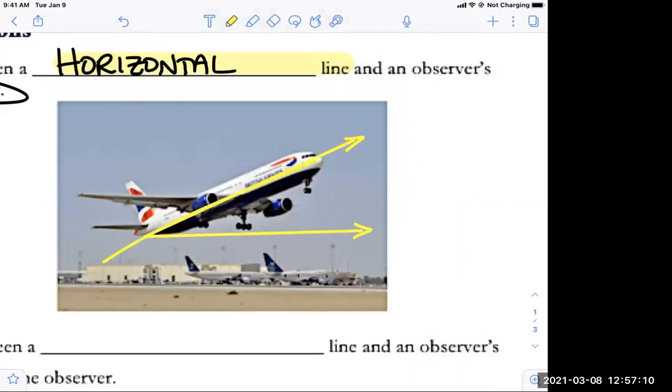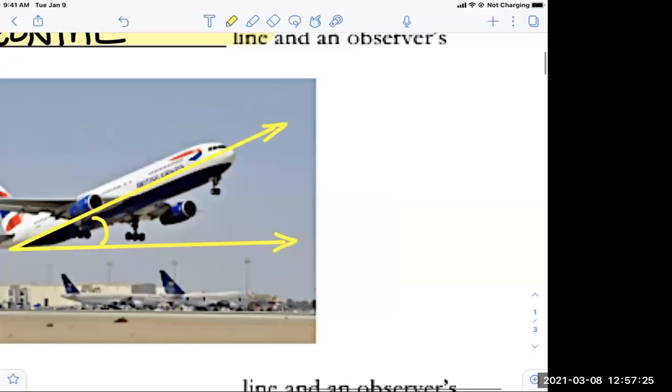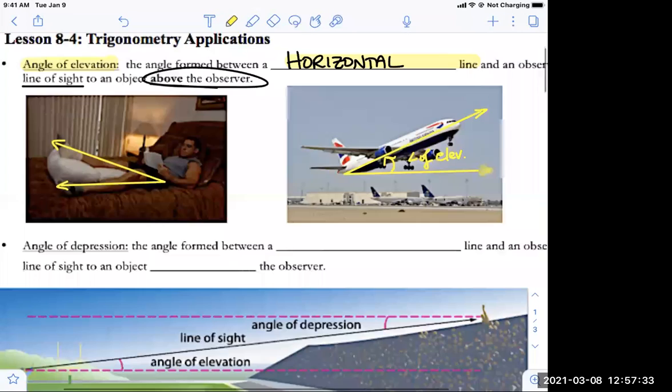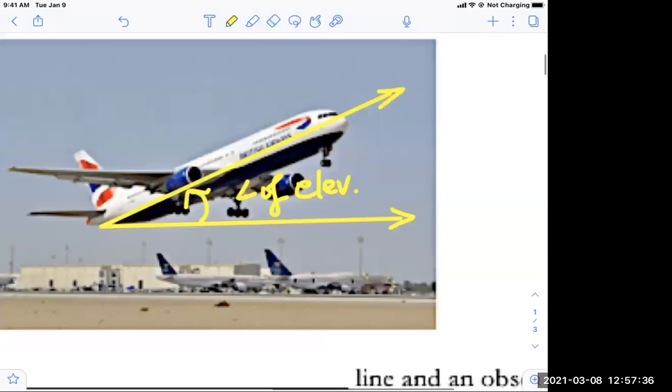Or even if you wanted to pull it down to where the ground is, measured from the horizontal against the ground, these angles would be the same because they're corresponding. So whichever way you like to see that picture, that's the angle of elevation. So an angle of elevation is always from the horizontal going up. Horizontal up, horizontal up. Never from the vertical, always from the horizontal.